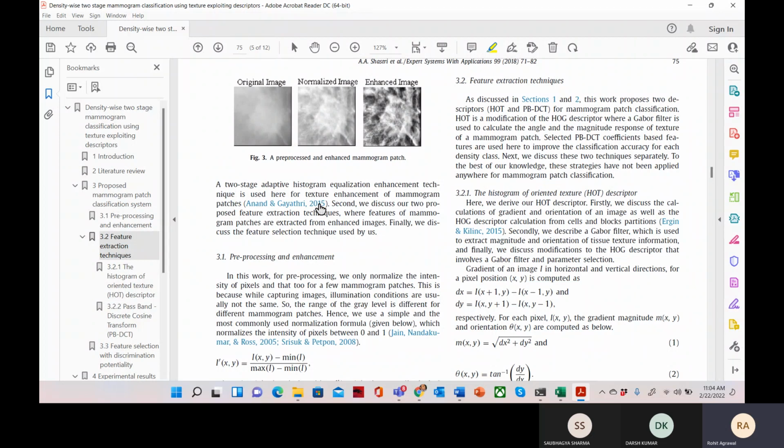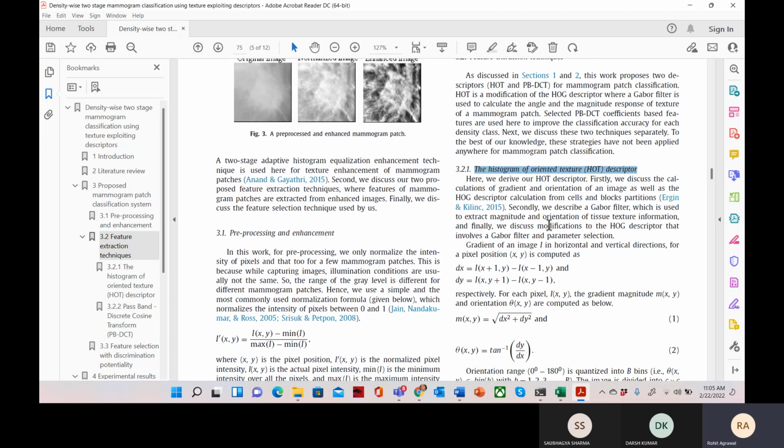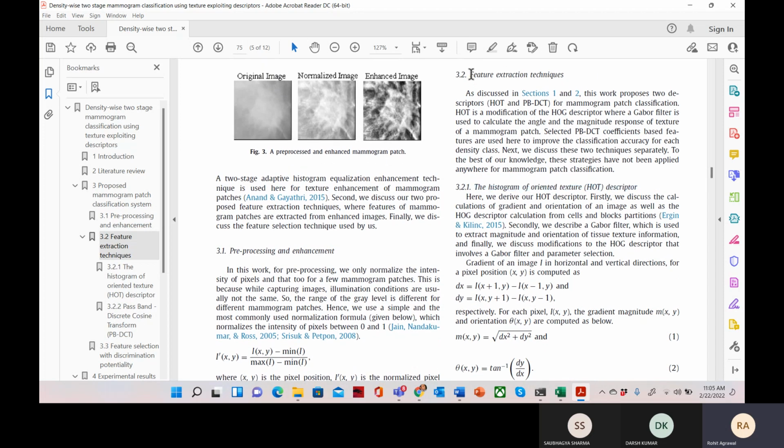Now what the author did in this paper is use a feature extraction technique, or you can say feature selection technique. We are not discussing what kind of features we can select; I'm just discussing that there is a technique called feature selection or extraction. He used histogram of oriented texture. This is research based, so we don't discuss too much about it.